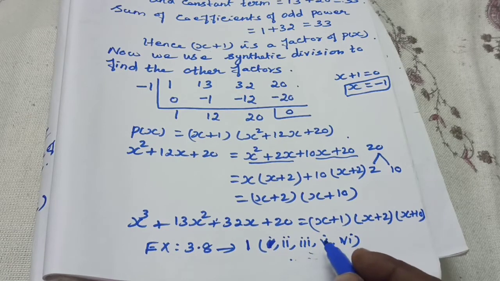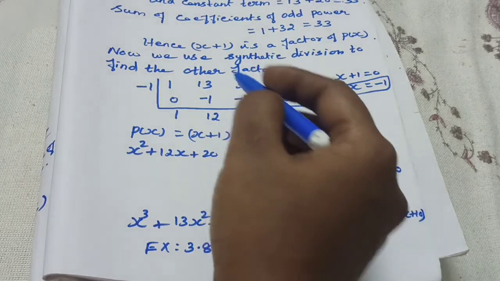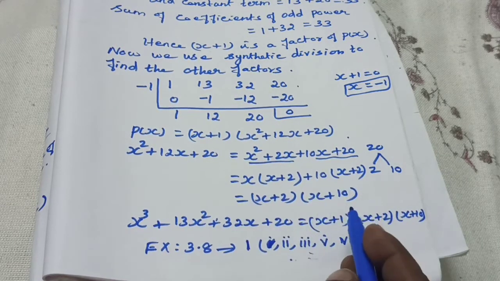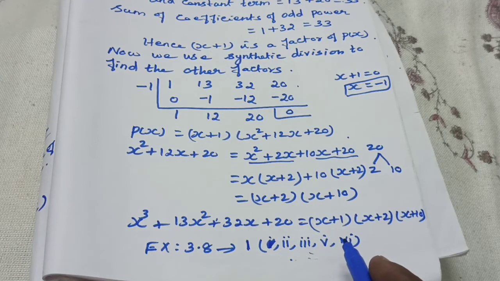Okay, then fifth one also like that. Okay, fourth you won't get, fifth. Okay, fifth x minus 1 is the factor you will get. Then afterwards then synthetic division method you follow. And then remaining 2 factors find out. Okay. Then sixth one also here x minus 1. x minus 1 is the factor you will get.